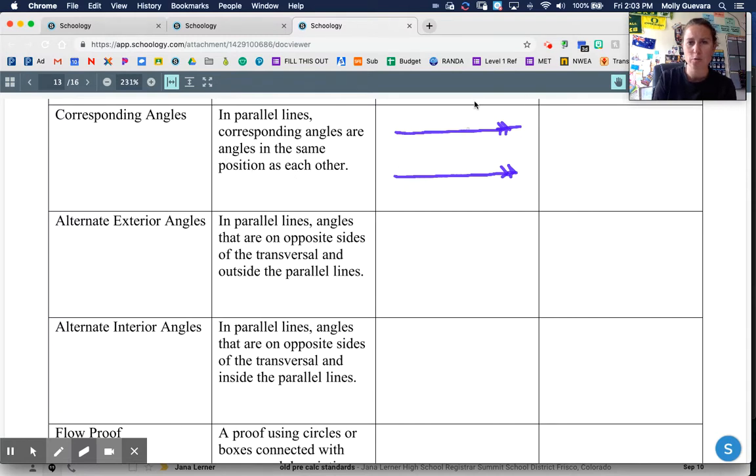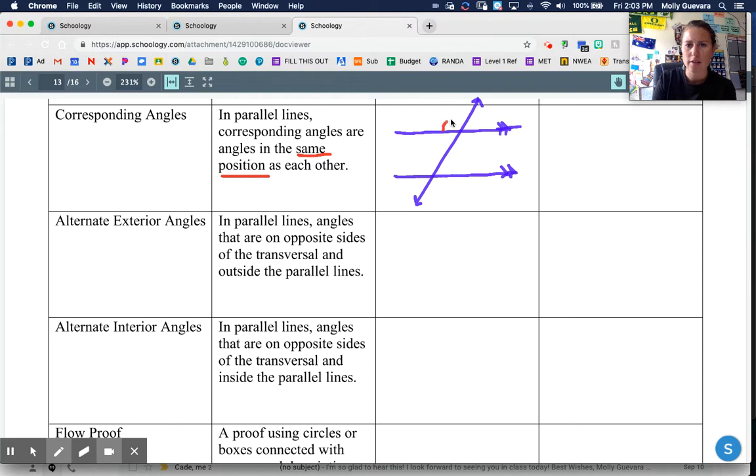So I need 2 parallel lines and I also need a transversal. Okay, so what this is, and we're just going to start picking some colors here, angles that are in the same position. So let's look here.